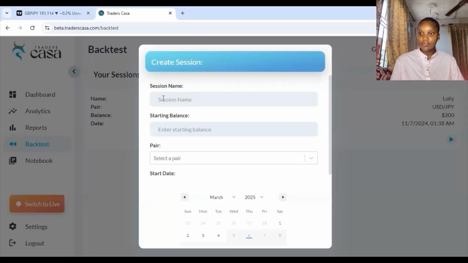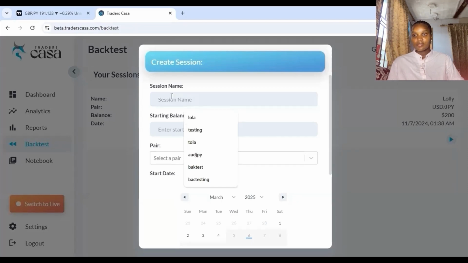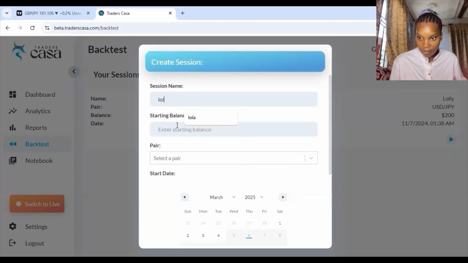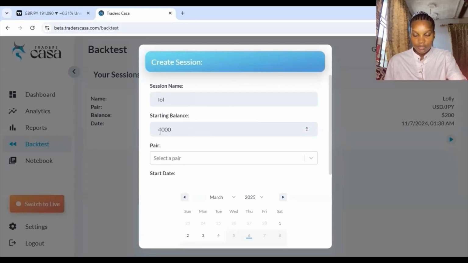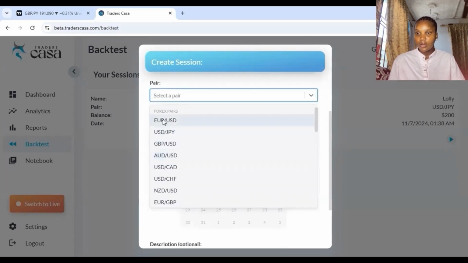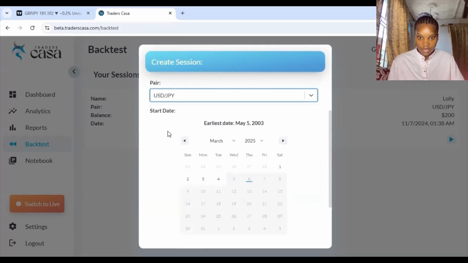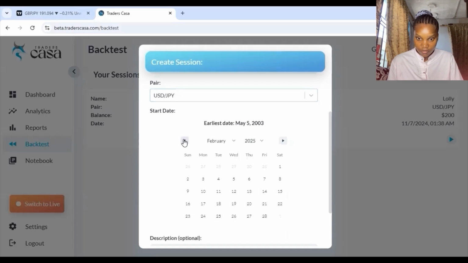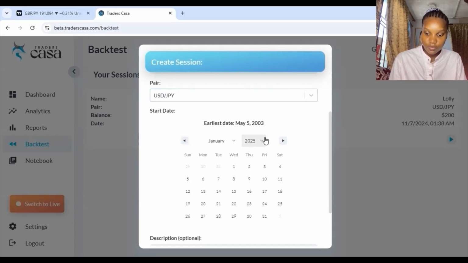In new session, I get to write my name. I can just put anything, I can just put LOL. Then the starting balance, but I can start with any other amount. Then select the pair I like to use, here's the JPY, and I want to start from 2024.